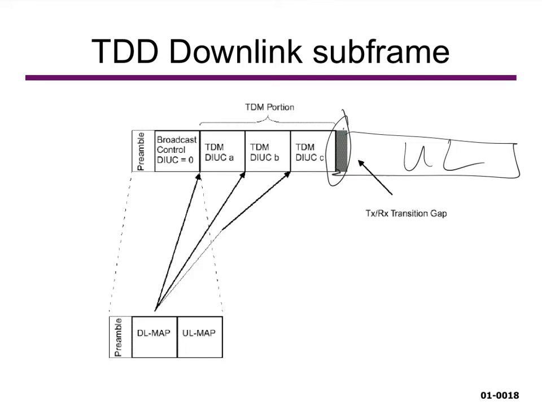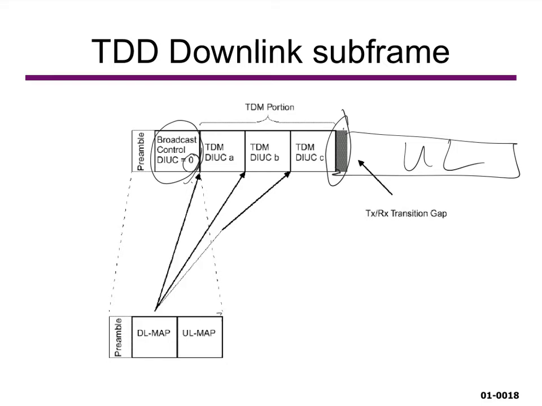For uplink, we need this gap because we need to perform TDMA. For the downlink, we don't need any gaps, right? So at the beginning, we always have this, which is a downlink IUC. IUC stands for interval usage code. And this has an IUC of 0.